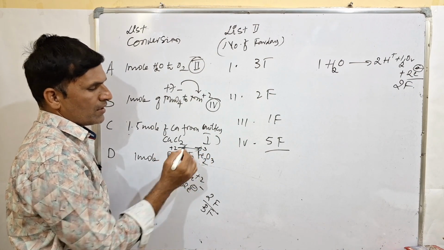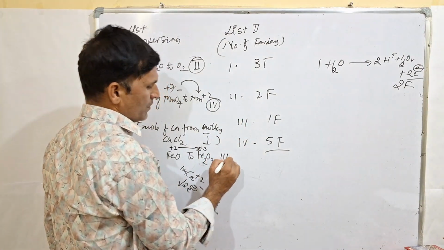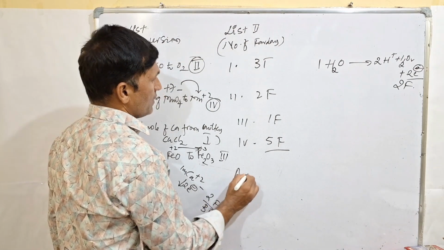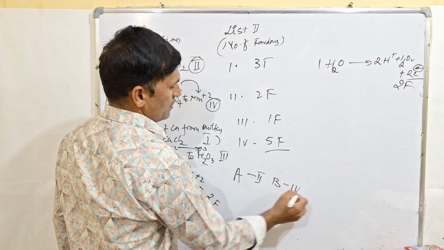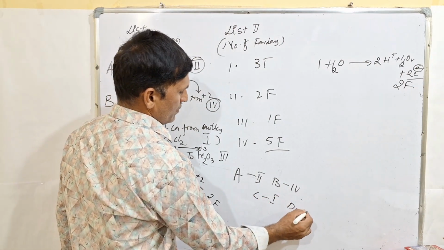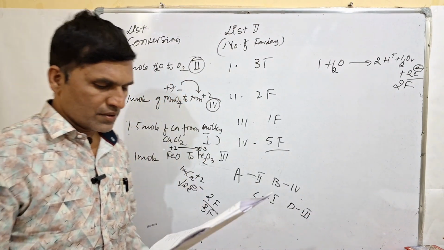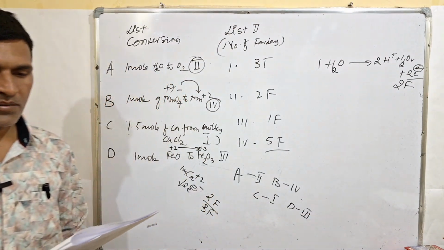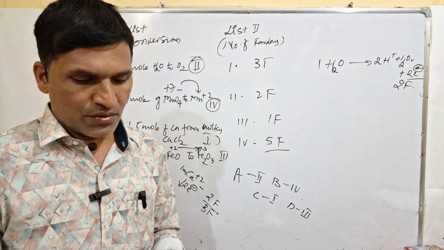So 1 electron difference is there between these two, so 1 Faraday, it corresponds to 3. Your right option is A to 2, B to 4, C to 1, D to 3. And in your question paper, it is the third option being given, right? Let us move on to the next question.